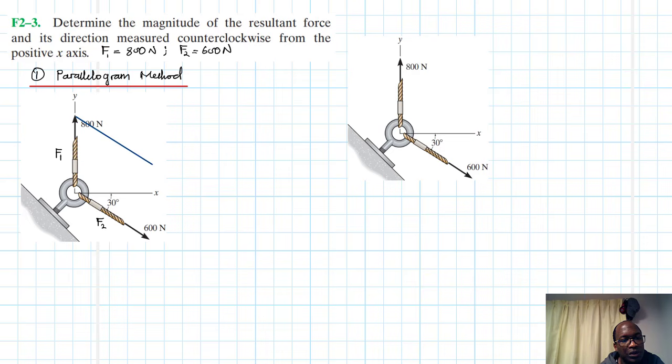So I'm drawing this particular vector which is parallel to F2 and it will have the same magnitude as F2. And just scroll it up a little bit there so that 800 is visible. So this is F2. And then I'll draw another one from this point.